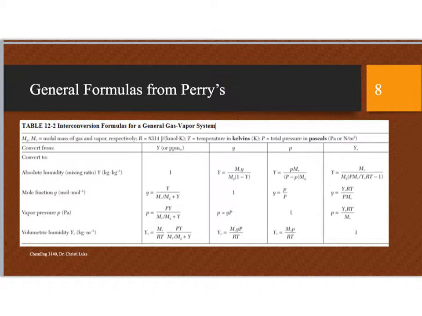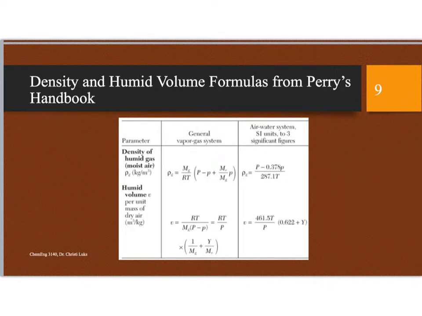So you'll see that there are molecular masses of your various compounds, either the liquid that is the vapor in the gas or the dry gas. And so these are the general formulas. And then finally, density and humid volume formulas for both the general systems and for water.